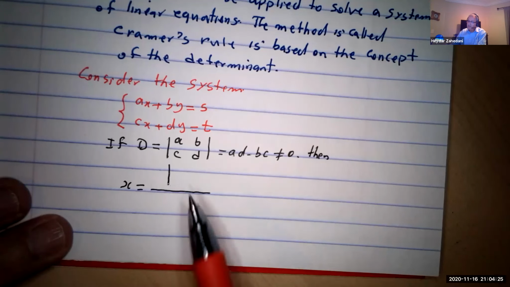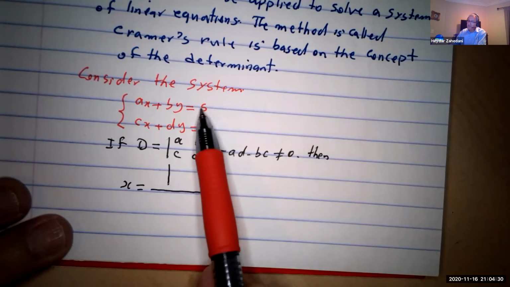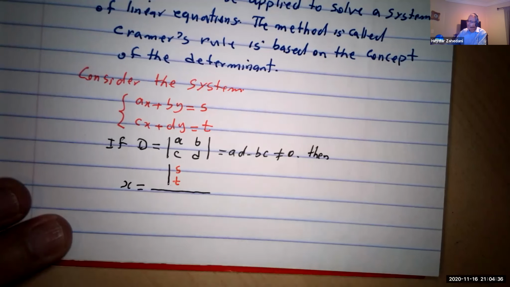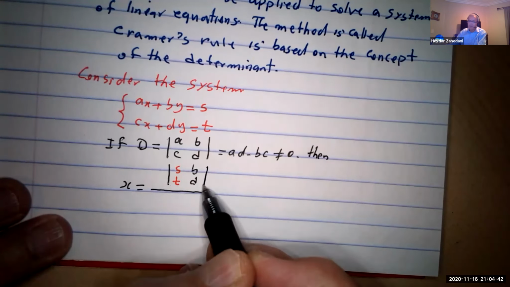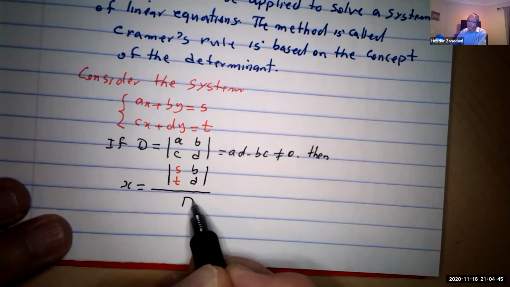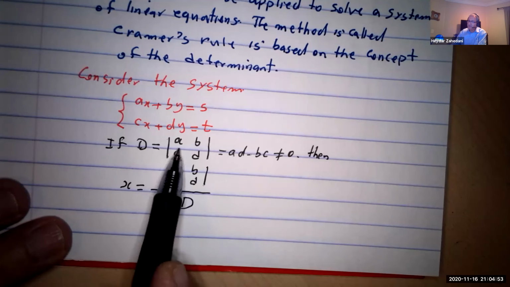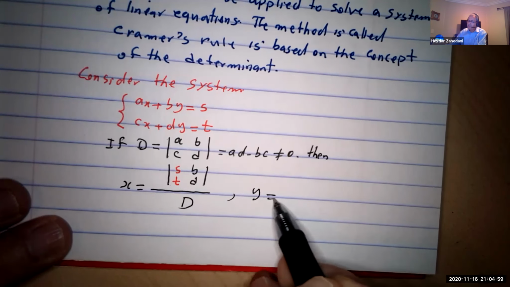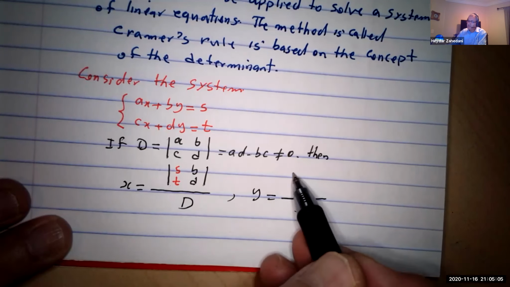The first column is A and C, and we are going to replace it by S and T. So it's going to be S, and this is going to be T. And the second column is unchanged, it's B and D. But we divide by D, the determinant of the coefficient matrix. And for y, the denominator is D again, but the top is this matrix.